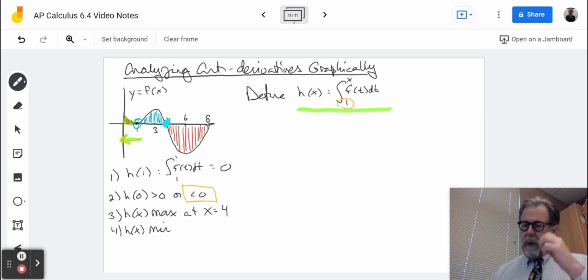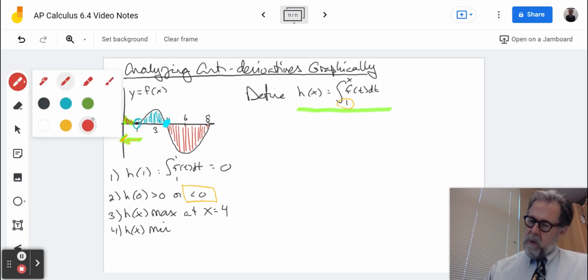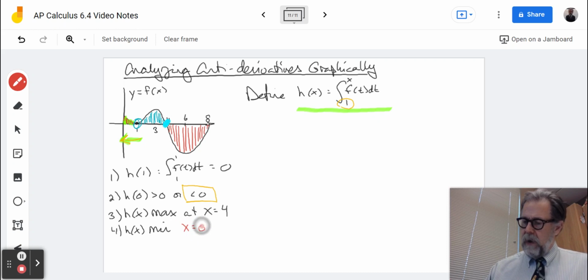All right, minimum. Well, I know that if I move to the left here, I'm going to have some tiny negative number. So it could be a minimum right there at x equals 0. So maybe at x equals 0, we know that h of 0 is some negative. And we know that it is a positive maximum value at x equals 4. But then it starts going down all throughout this shaded red area.